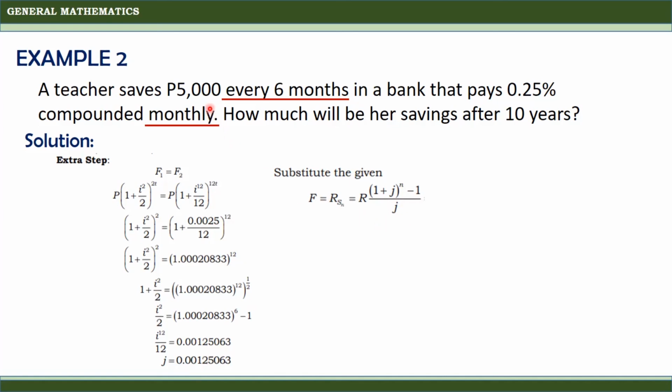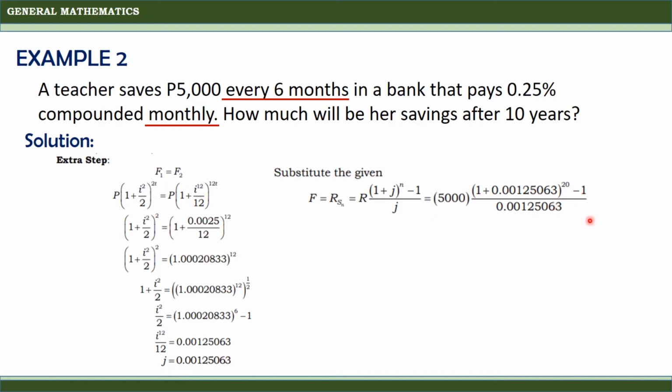And the total number of payments will be 2 times 10 years. So that would be 20. Hence, we will have 5,000 times the quantity 1 plus 0.00125063 raised to 20 minus 1 all over 0.00125063.